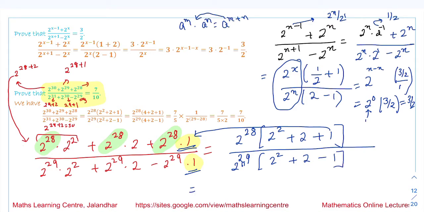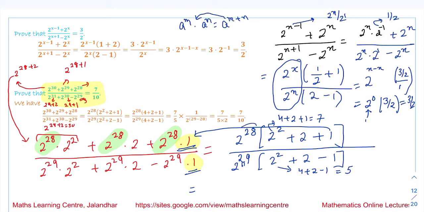So when you are solving this, 2 raised to the power 2 is 4, plus 2 plus 1, so this is equal to 7. In the denominator, 4 plus 2 minus 1 is equal to 5.